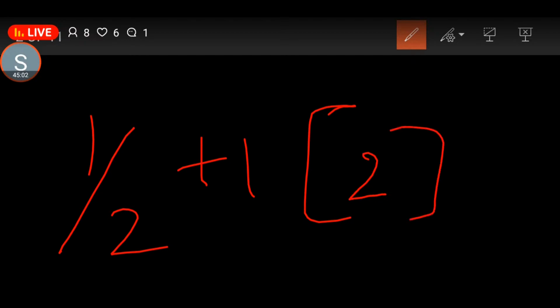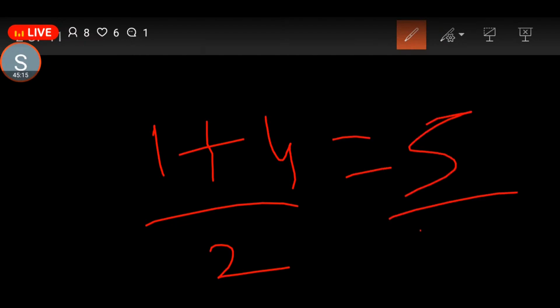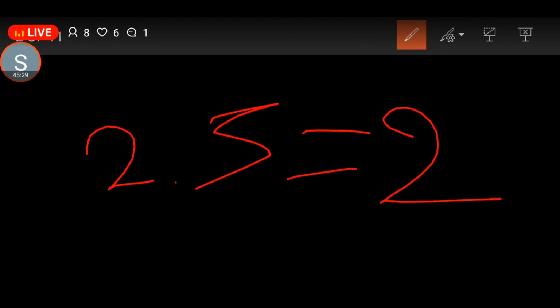Now if you multiply this, half plus... 1 plus 4 by 2, that is 5 by 2, that is 2.5. If you round off, it will be 2.